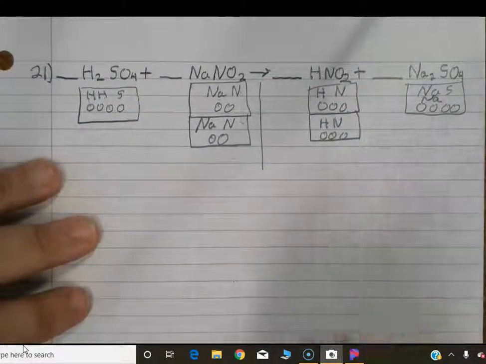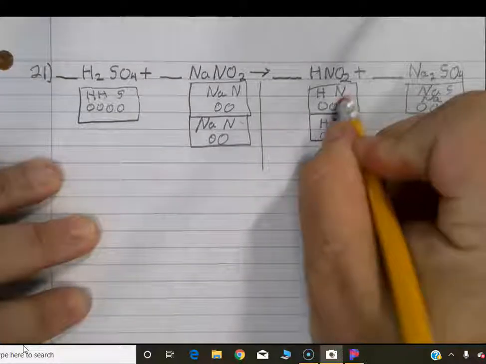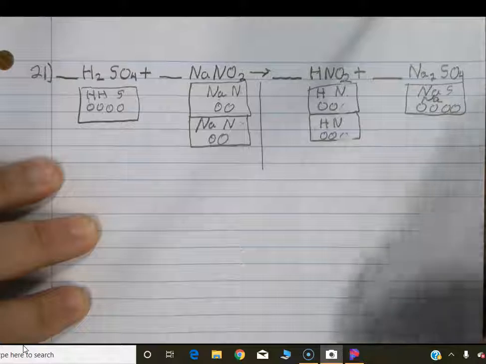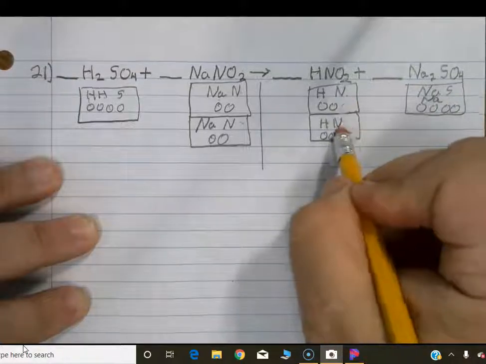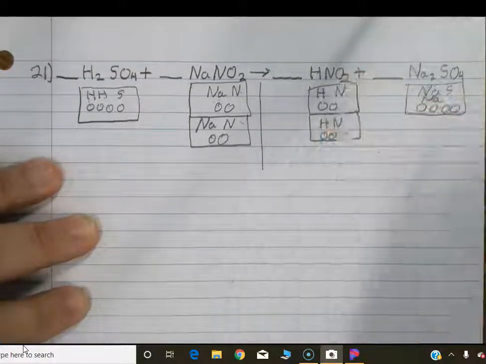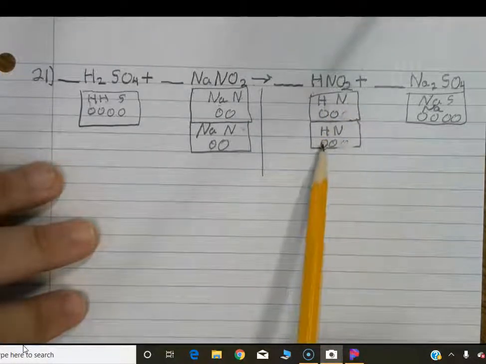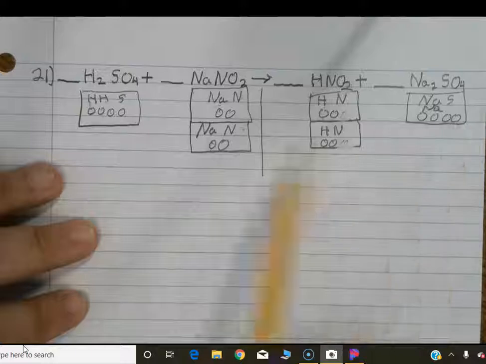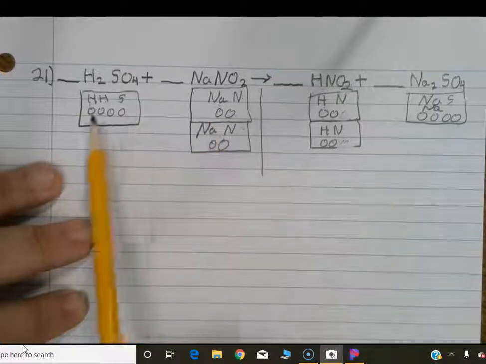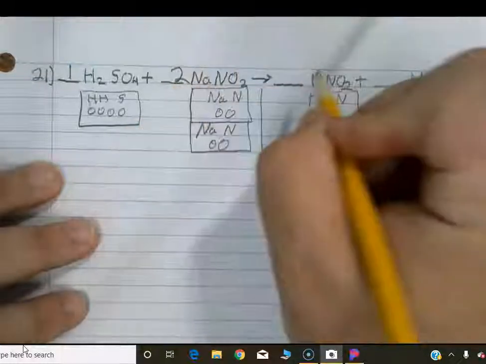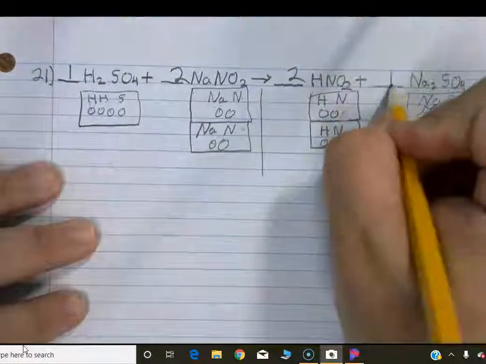So there should have only been 2 oxygens here, and 2 oxygens here. Okay. All right. So HNO2, there's 2, there's 2. So we now have 1, 2, 3, 4, 5, 6, 7, 8. 1, 2, 3, 4, 5, 6, 7, 8. Everything's good. So I have 1 here, 2 here, a 2 here, and a 1 here, and that takes care of it.